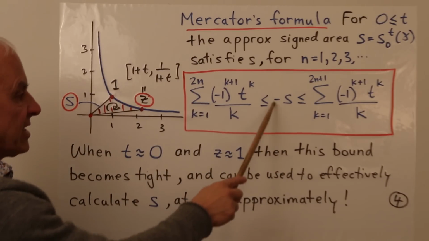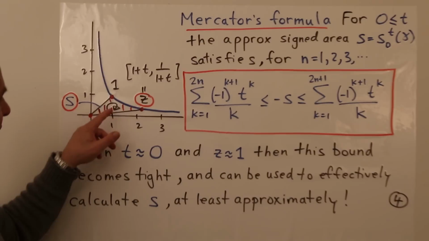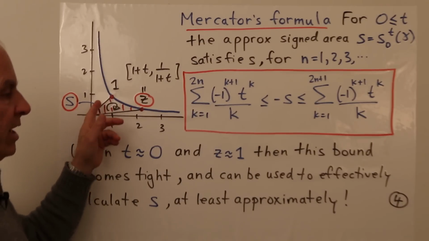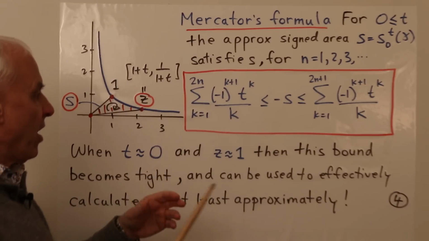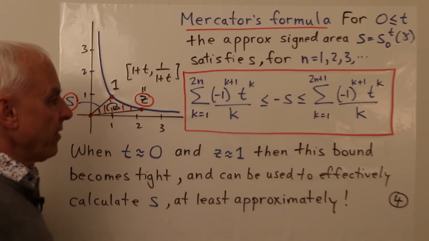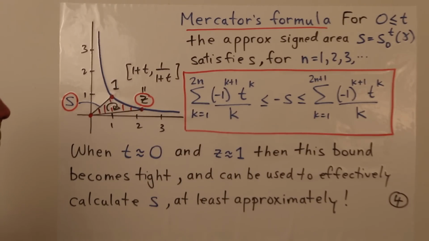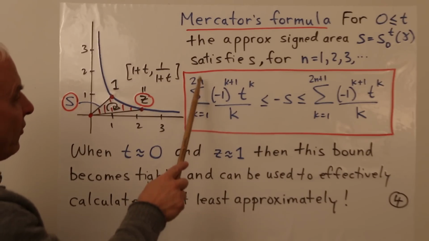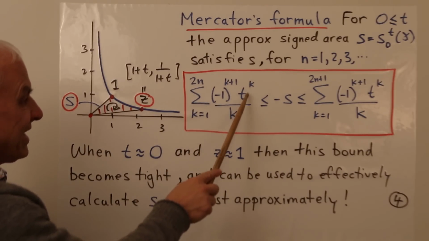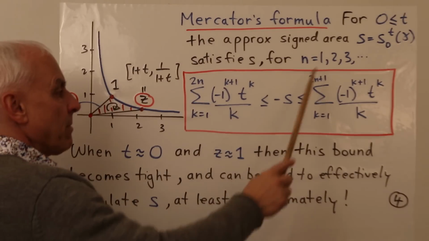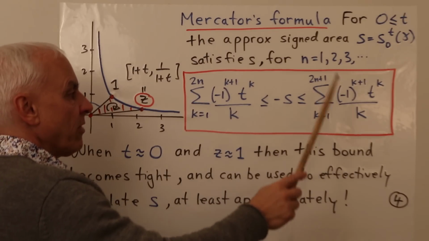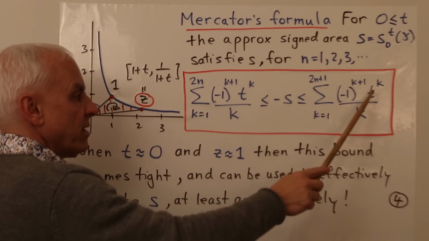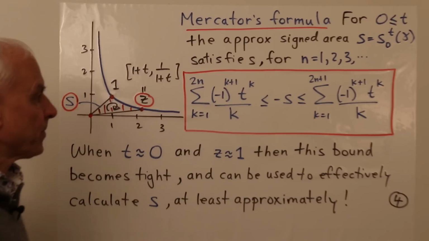That minus S, we have to put minus here because this integral, the way we've got it here, is actually negative. So if we want something positive, we put a minus sign there. And that's going to be then sandwiched between the sum from k equals 1 to 2n of minus 1 to the k plus 1 t to the k over k, and the same kind of sum, k equals 1 to 2n plus 1 of minus 1 to the k plus 1 t to the k over k.